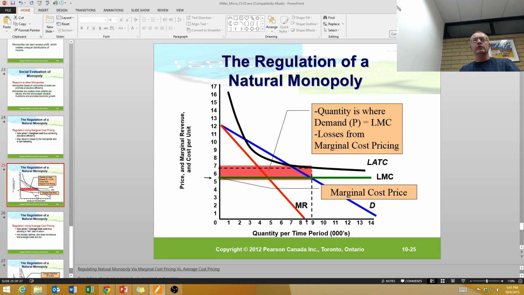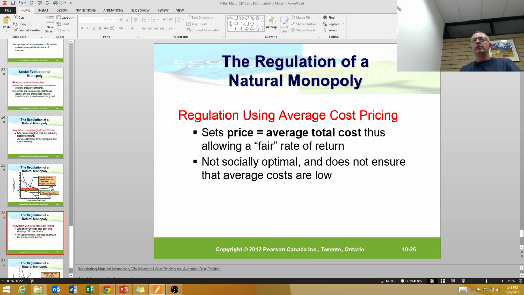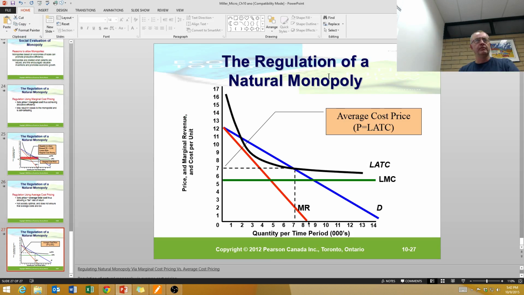So the other approach to government regulation of monopolists is average cost pricing. So in this case, the government allows the monopolist to set an output quantity corresponding to the point where price equals long-run average total cost, and the monopolist is allowed to earn a quote-unquote fair return. Okay, so here's our example.